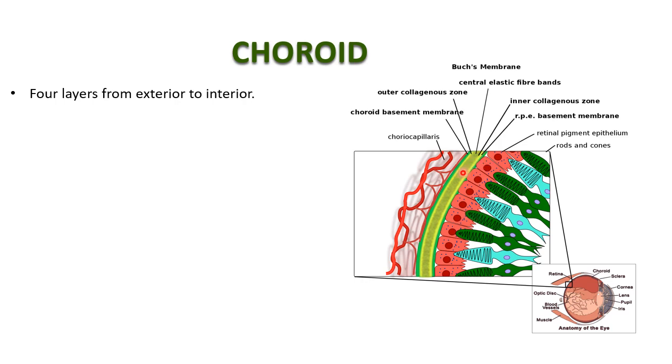Then you have a basement membrane, called Bruch's membrane. To this Bruch's membrane only the pigmented layer, the outermost layer of the retina, is firmly attached. In the posterior part, in some animals you can see specialized cells in the choroid, which are called the tapetum.